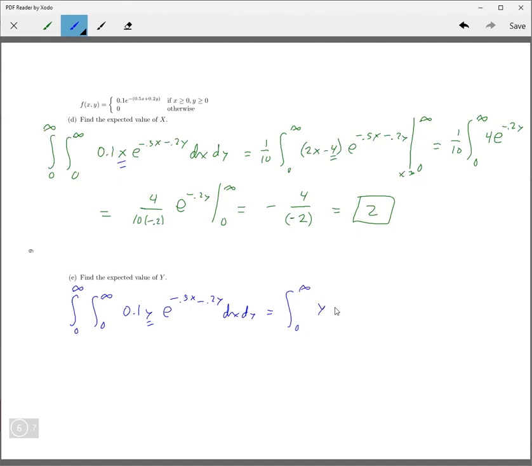You end up with this. And if you integrate this one, you get negative 5y minus 25 e to the negative 0.2y evaluated from 0 to infinity.